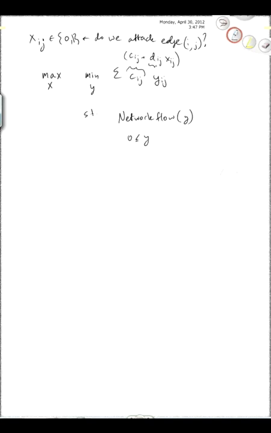This Dij, you can think of as meaning how effective an attack on edge ij is. If the Dij is something like infinity, it means that we have a very effective attack, because after we do the attack, the edge is essentially unusable.